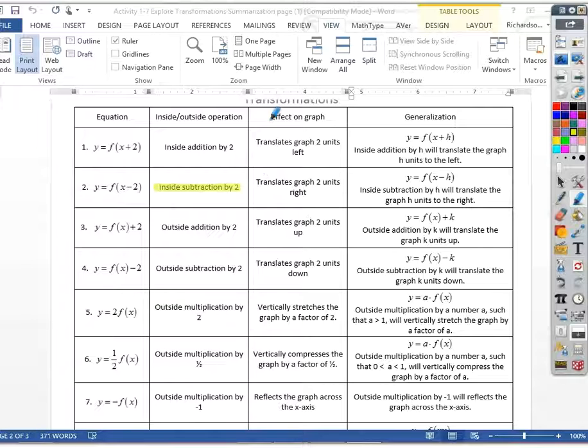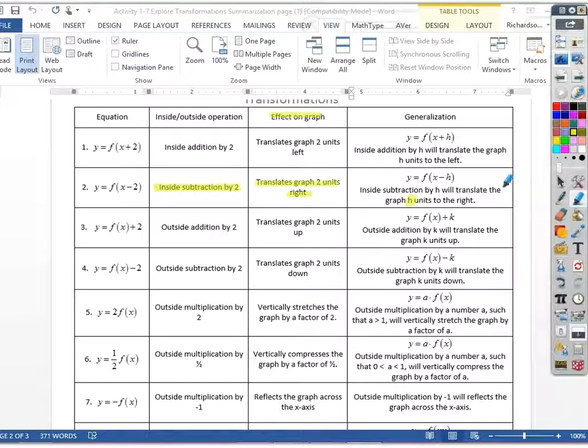As you can see here, the effect on the graph is that it's going to translate the graph 2 units to the right. If it was inside subtraction by 3, it would move it 3 to the right, 4 to the right, 5 to the right, and so on. Inside subtraction is going to translate the function right however many units that subtraction is by.